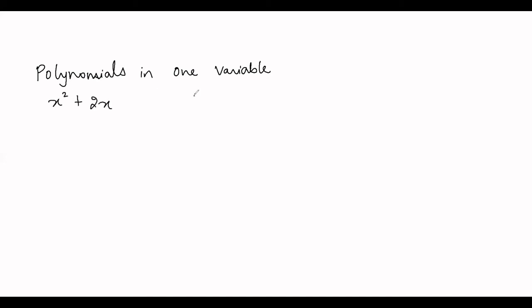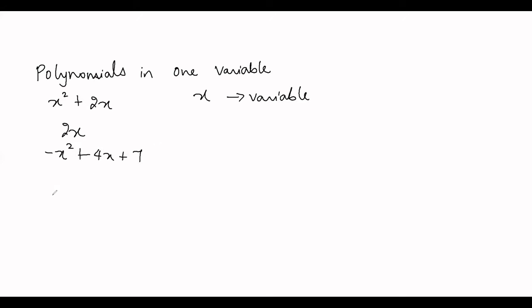Here x is called the variable, and there's a single variable in this case. So these are polynomials in one variable. Few more examples that we can look at: say 2x, or say you have minus x squared plus 4x plus 7. All these are examples for polynomials in a single variable.